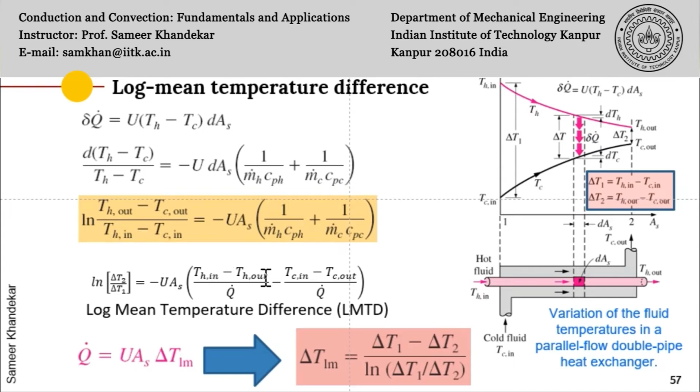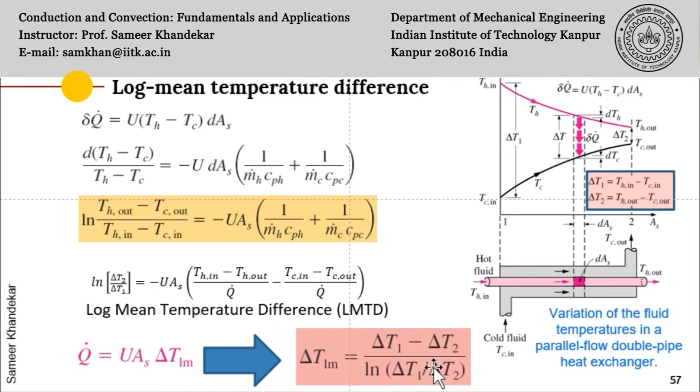So immediately you can rearrange this equation and compare it with Q dot equals UA delta Tm, where the delta Tm definition is now equal to (delta T1 minus delta T2) divided by ln(delta T1 divided by delta T2).